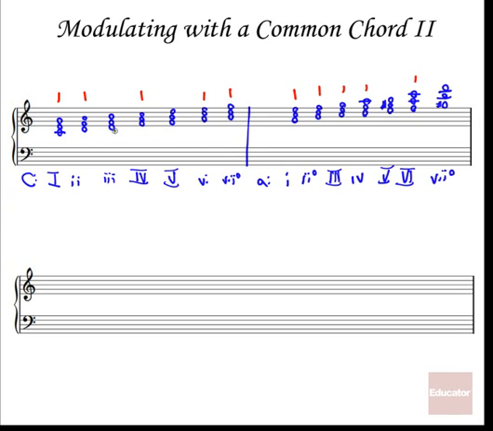So let's begin with a simple progression in C major. So let's say we're going to go from C to G to C to A to F. So in C major, of course, this would be 1, 5, 1, 6, 4.